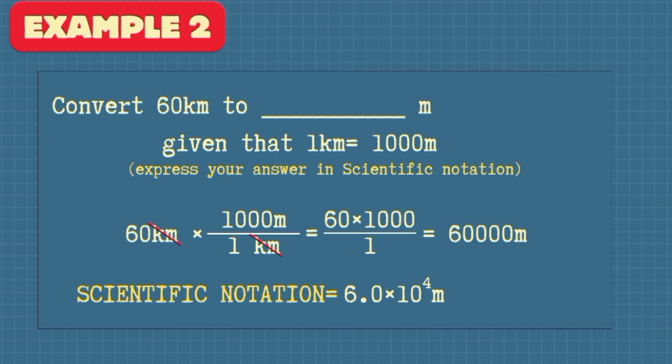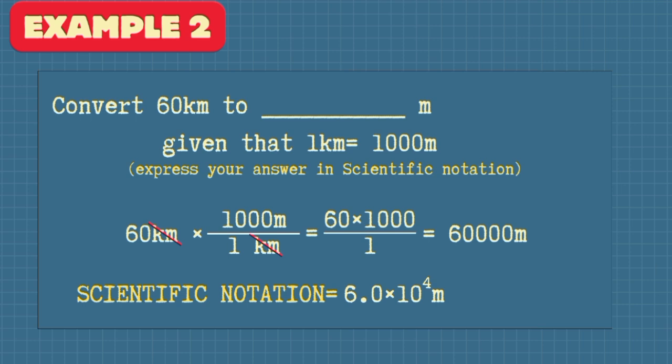For the next example, convert 60 kilometers to meters, given that 1 kilometer is equal to 1,000 meters, expressing your answer in scientific notation. As you can see in the solution in this slide, kilometer is again cancelled because we are looking for meters.